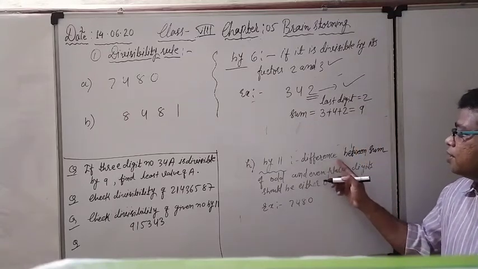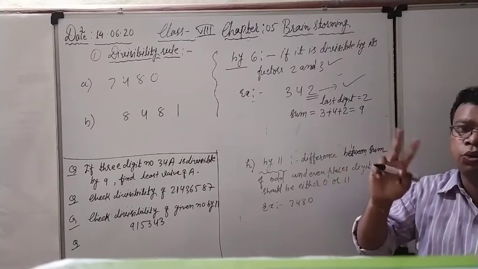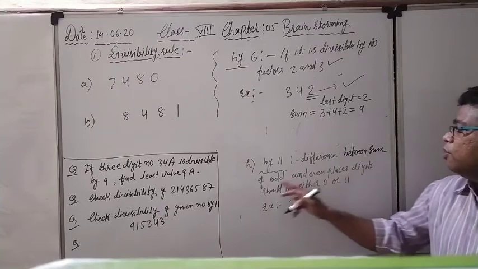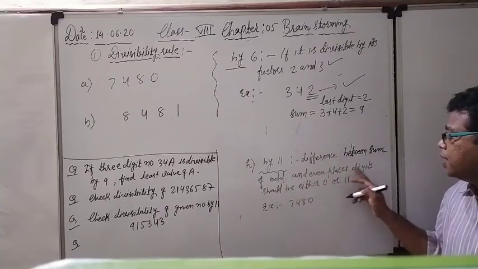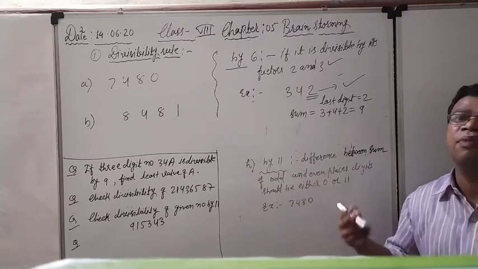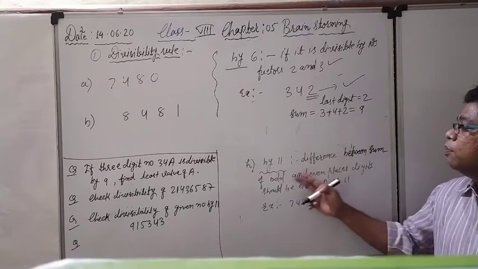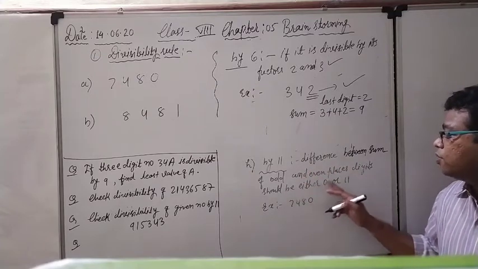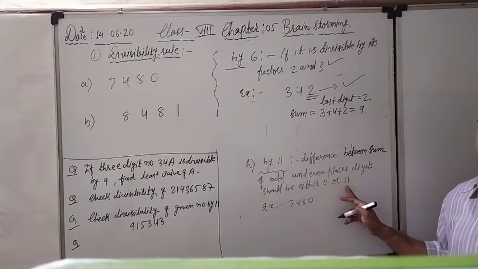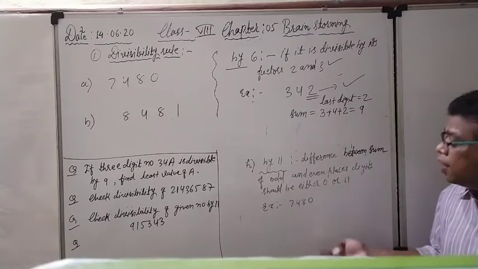We have to find the difference between the sum of the odd place digits and the sum of the even place digits. If the difference between the two sums is either equal to 0 or equal to 11, then that number will definitely be divisible by 11.